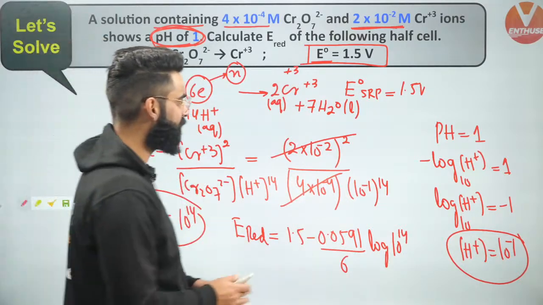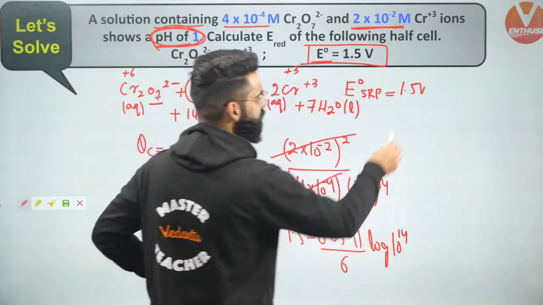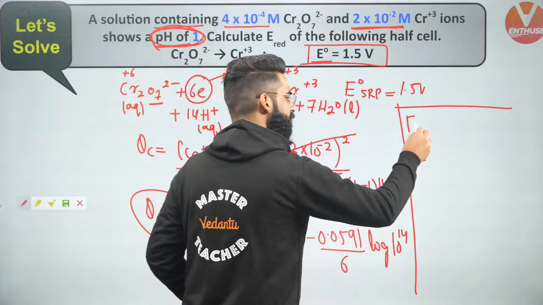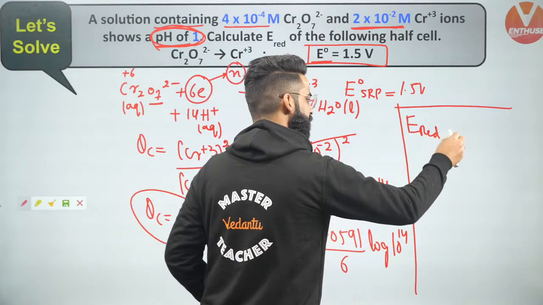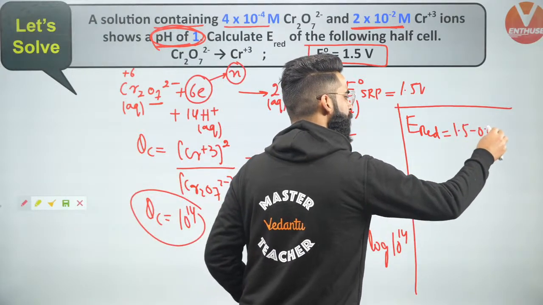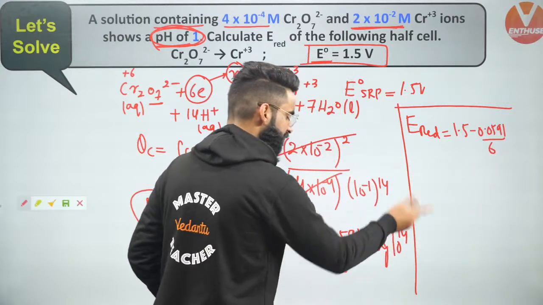We are done with the equation. Let me know the exact value of the reduction potential in the chat box which you get by solving it. The reduction potential of the electrode will be equal to 1.5 minus 0.0591 divided by 6, times log of 10 to the power 14.